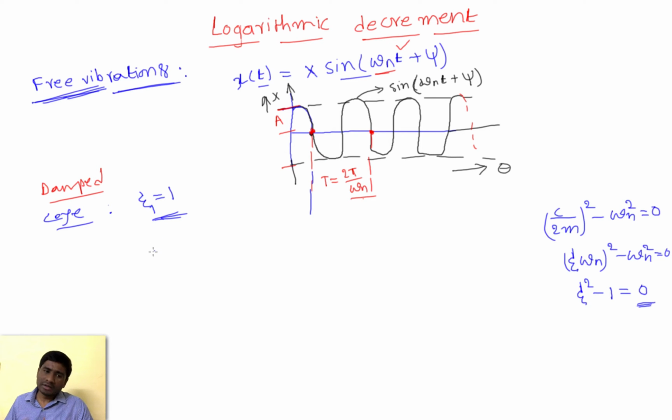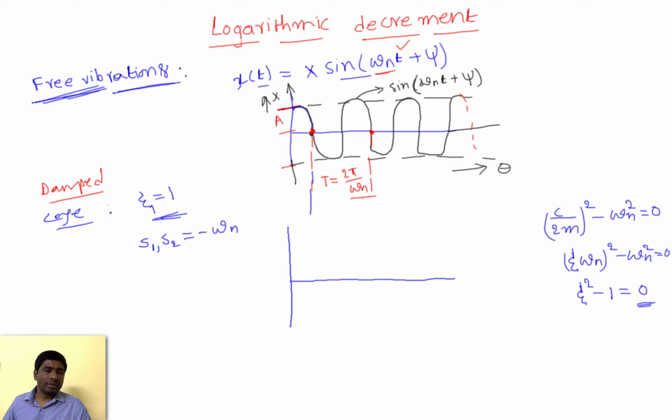So when xi equals 1, we have derived that s1, s2 equal minus omega n. These are the roots, and we will get an exponentially decreasing response curve. So here I will draw a curve for this one.